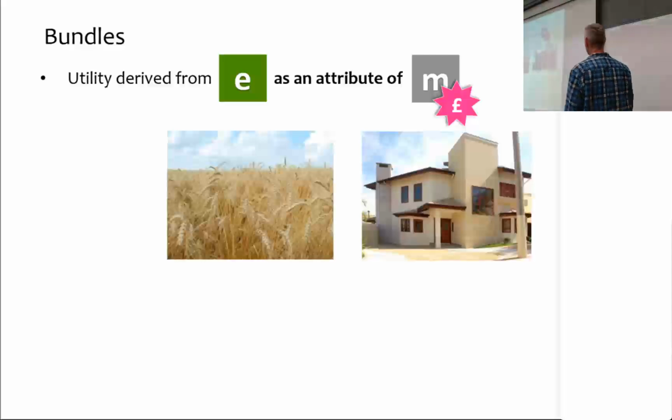The canonical example here is if you buy a house, you don't just buy the house, but you also buy the environment of that house. In this case, and the visuals are still terrible, if you enjoy a landscape, and I think they're growing wheat, if you enjoy that sort of landscape, you can buy a house in the countryside.